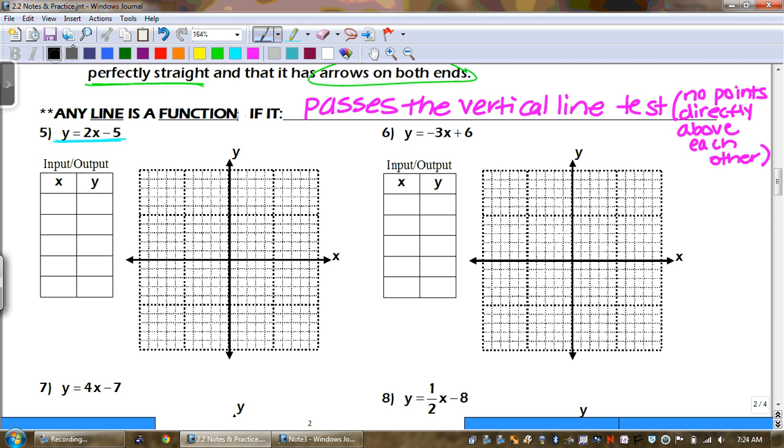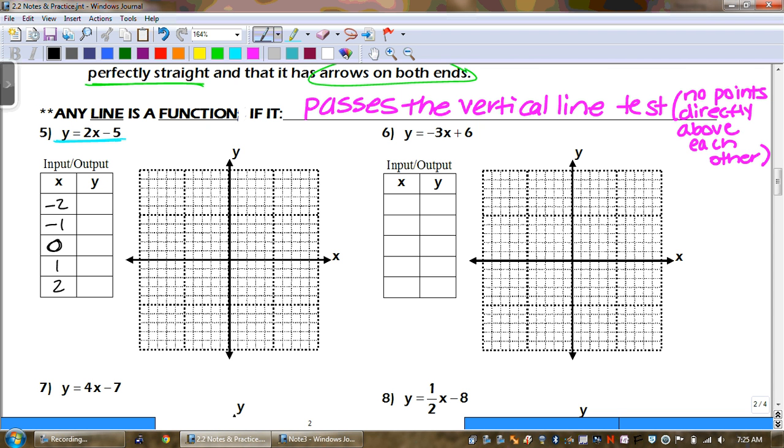And one of the numbers that we always want to graph is 0 and then a couple positives and a couple negatives. And almost 90% of the time, we're going to choose -2, -1, 1, and 2. Okay? Because those are the numbers we want to see. We've got a couple negatives, we got a 0, and we got a couple positives.